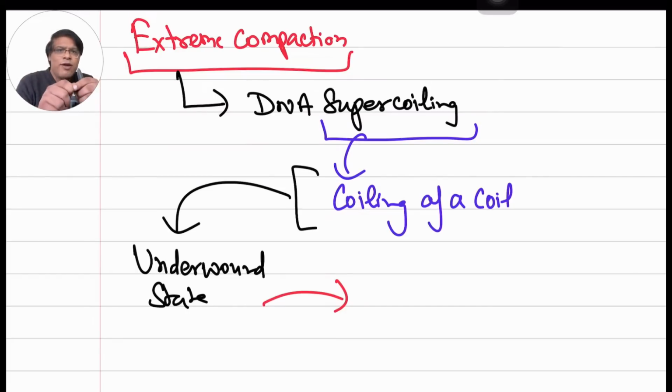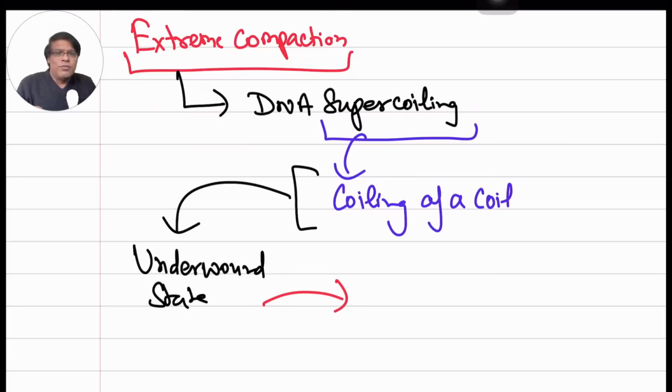Both strands have to separate during transcription and during DNA replication. So the extreme compaction, the DNA supercoiling, occurs in such a way that DNA remains in an underwound state, not in an overwound state.